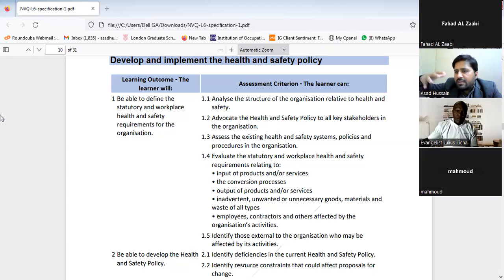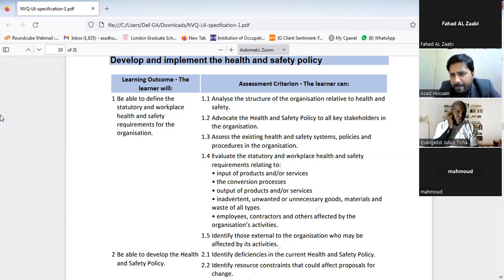Whatever role or job you are doing in the organization, you should have extra responsibilities of health and safety. So it is just discussing the structure of the organization relative to health and safety only. It is not discussing the other portions or departments.